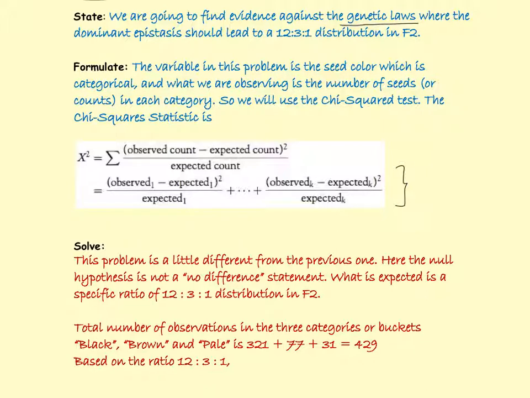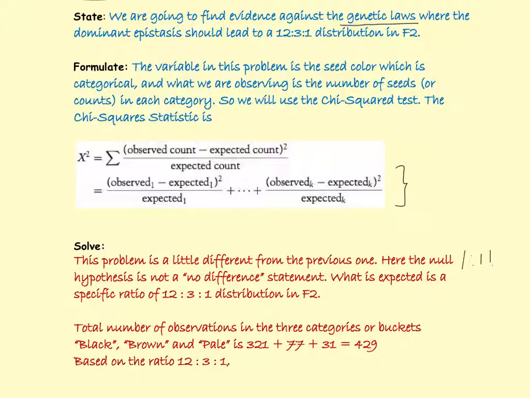When it's an evidence test or a significance test, then the first thing we need to do is set up the null and alternative hypothesis. In the previous problem, our null hypothesis was a no difference statement where the counts were expected to be equal, like a 1:1:1.